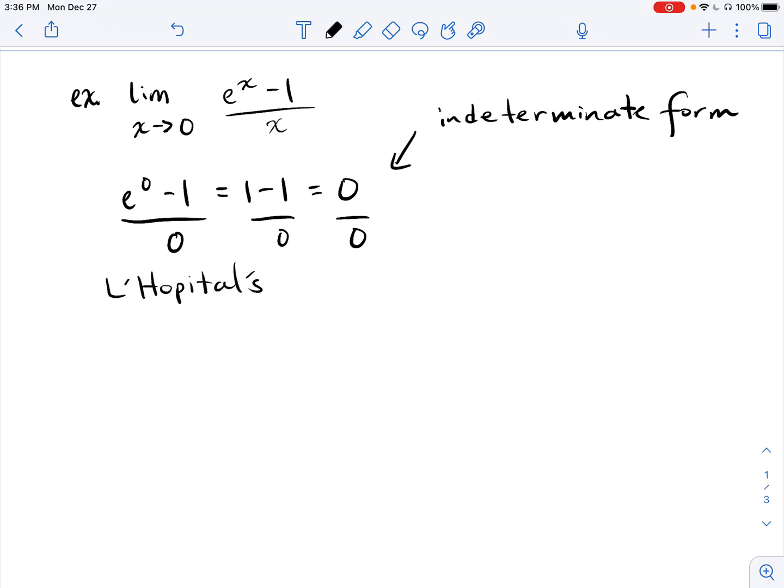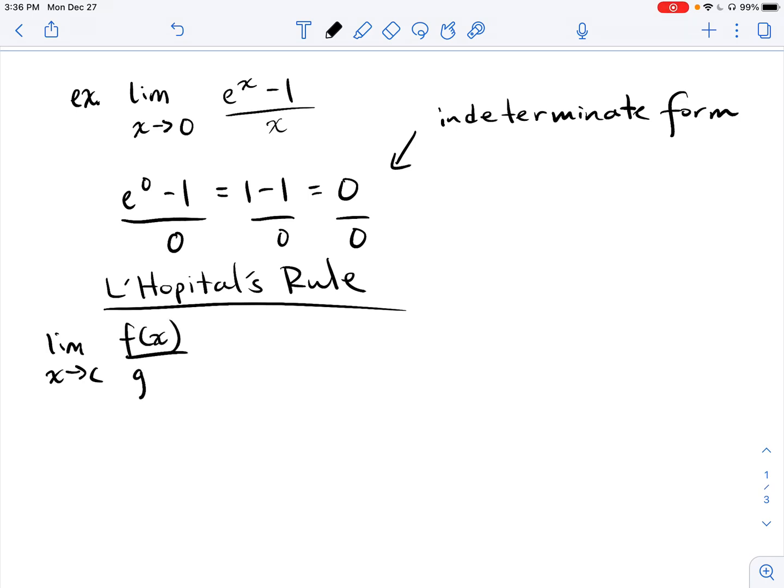L'Hopital's rule, which we'll write out here, effectively says the following. If we're finding the limit as x approaches some value c of f of x over some other function g of x, we would say the following.